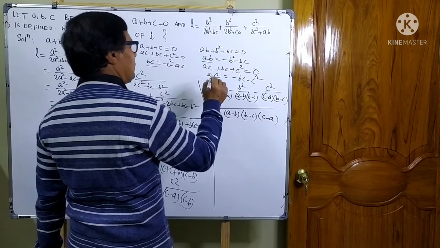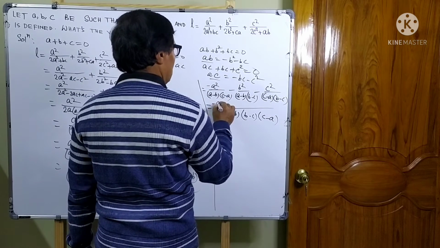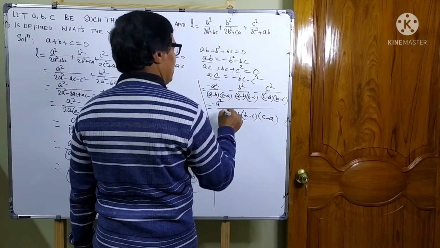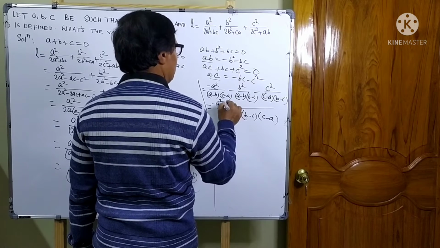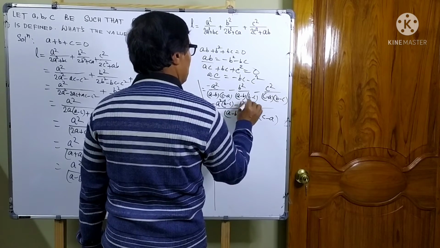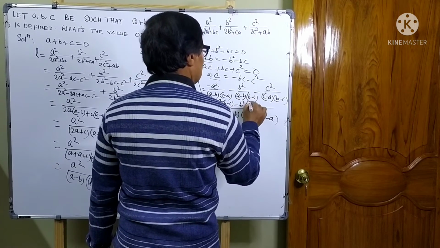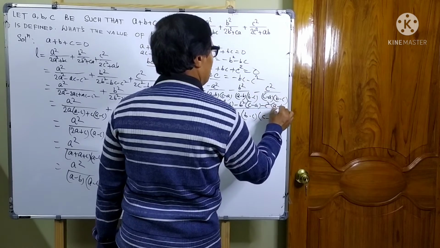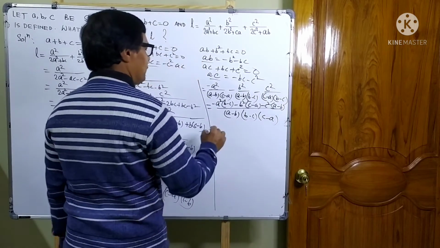Now we can write minus a square multiplied by b minus c, minus b square multiplied by c minus a, minus c square multiplied by a minus b.